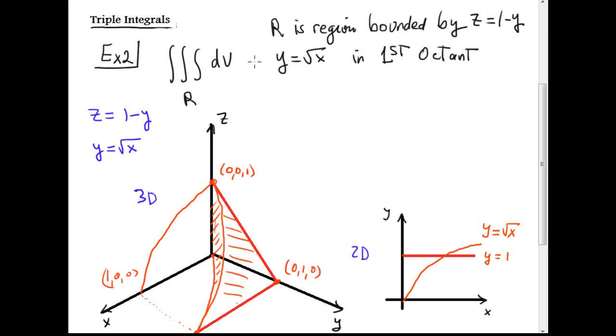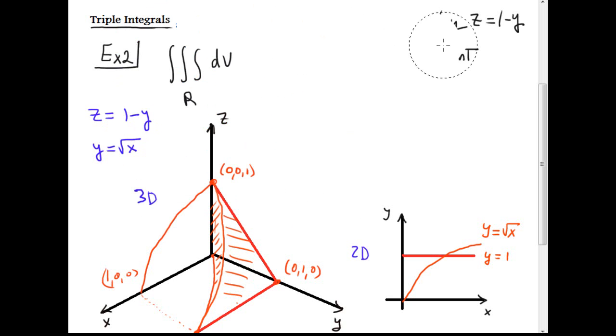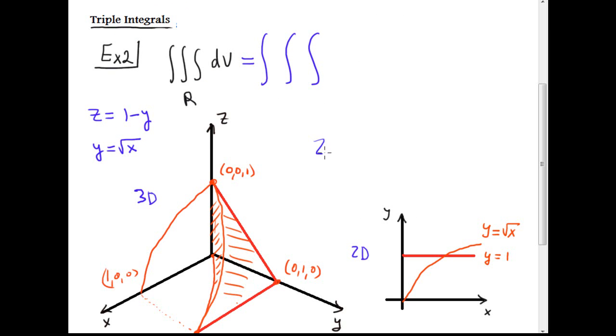Suppose I want to set up the triple integral that way. Suppose z simple. Z simple goes from 0 to this.